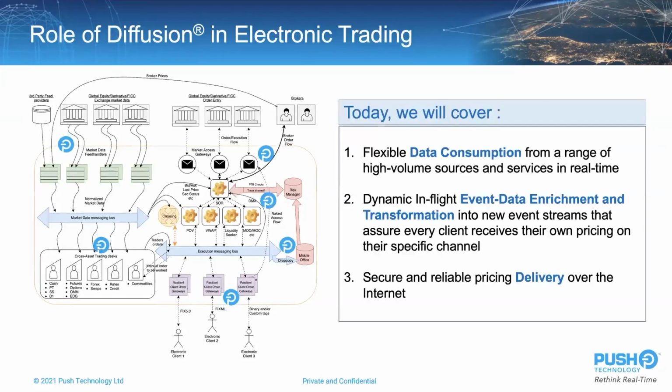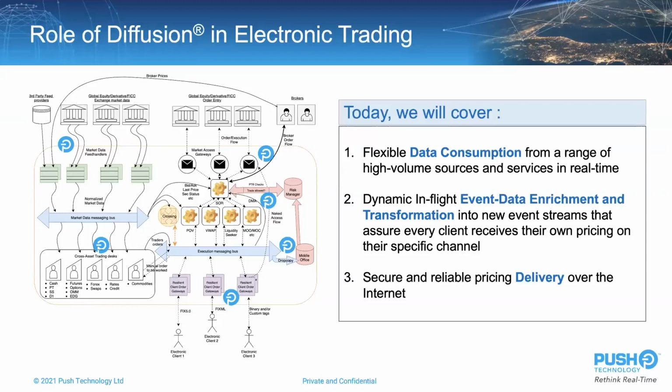So what we will then focus on today is how Diffusion can help solve these issues. We will cover in detail flexible data consumption, how we can consume data from high volume sources and distribute this in real time. We will also look at how we can enrich and transform the data, potentially even to extract value where it isn't there in the raw data.